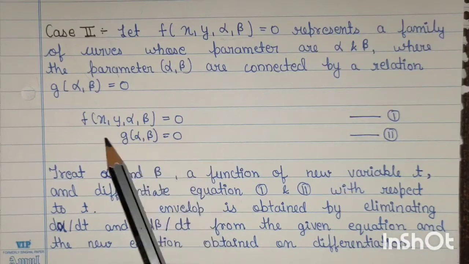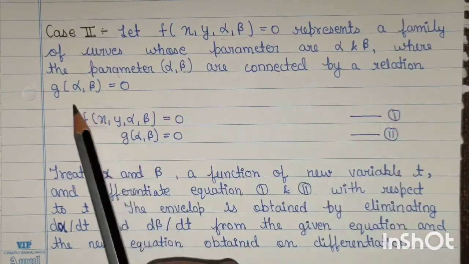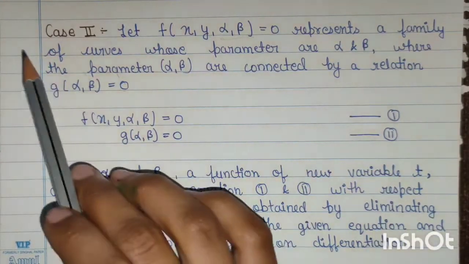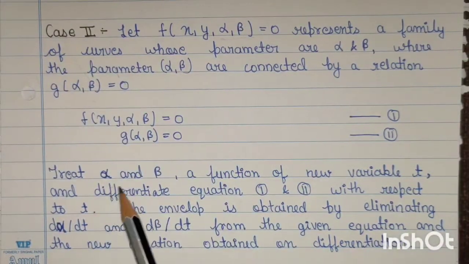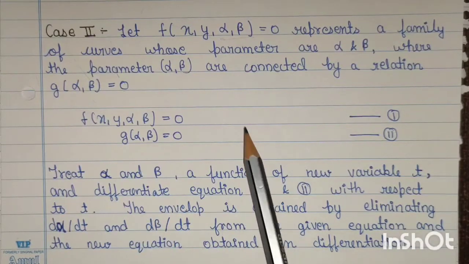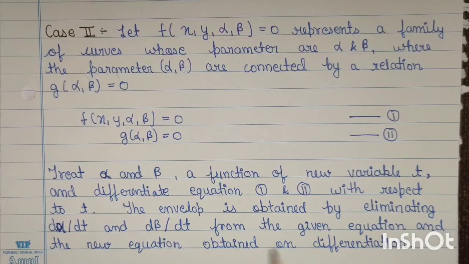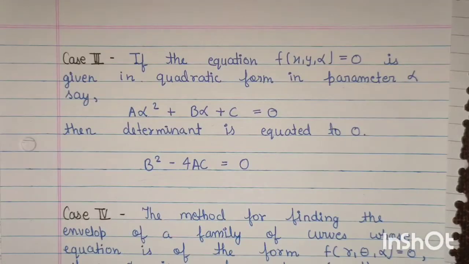Noting down the equation, call it equation 1, and g(alpha, beta) = 0 equation 2. Treat alpha and beta as functions of a new variable t and differentiate equations 1 and 2 with respect to t. The envelope is obtained by eliminating d alpha/dt and d beta/dt from the given equation and the new equation obtained on differentiation.